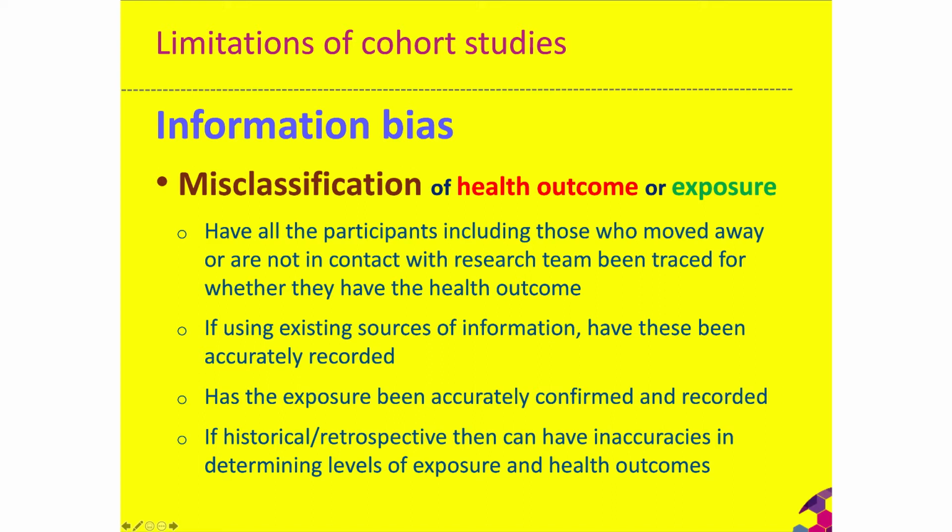And if this is a historical or retrospective cohort study, have we undertaken an analysis of where the possible inaccuracies in the data we are using for exposure and outcomes might be, so we can minimize the potential for misclassification of the health outcome or the exposure, because the data has been collected 10, 20, 50 years ago.